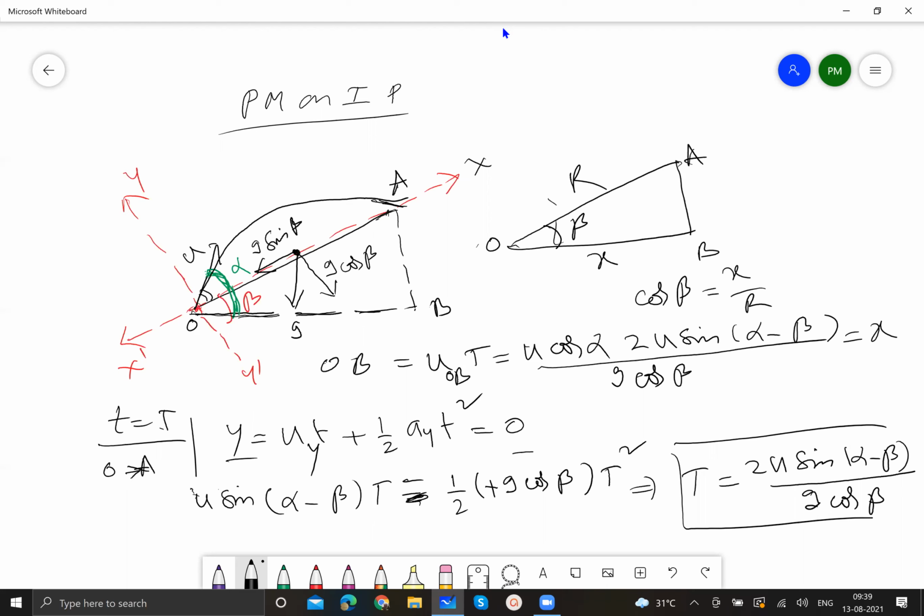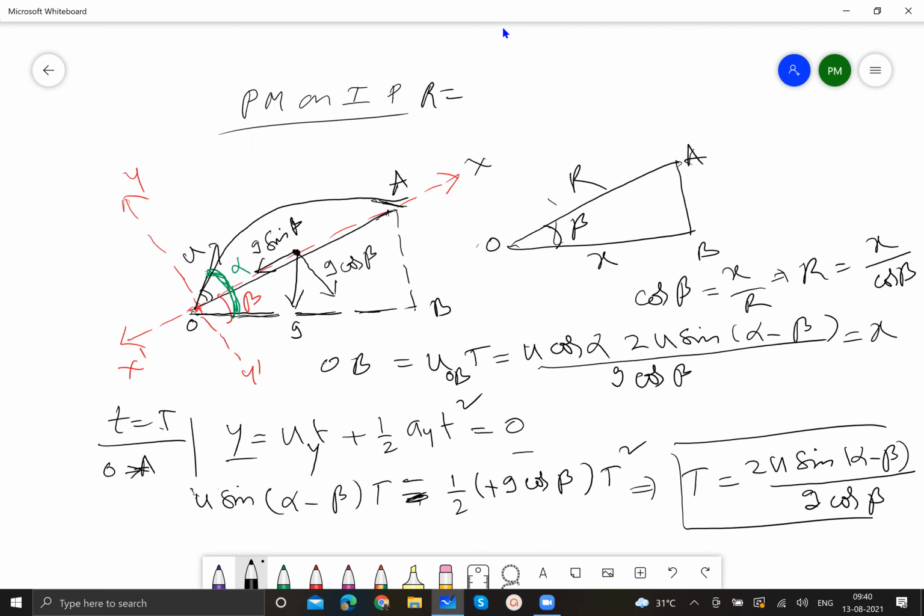So cos beta is X by R, so X is equal to R cos beta. Sorry, we want R, so R is equal to X by cos beta.